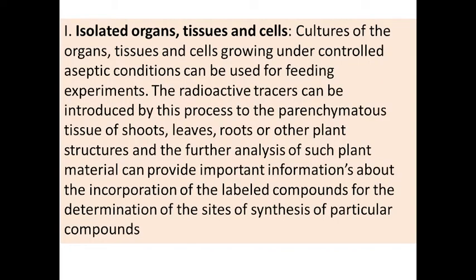To investigate the biogenesis or synthesis of secondary metabolite, radioactive tracers are used, and the first one is isolated organ, tissue or cell. The cultures of organ, tissue and cell growing under controlled aseptic condition can be used for feeding experiment. So here the tissue culture, organ culture or cell culture is prepared in a culture medium.